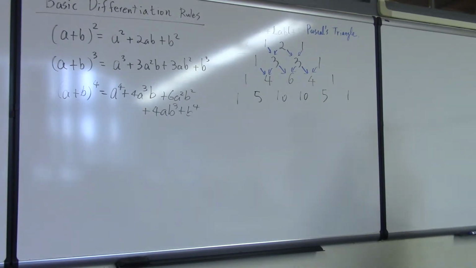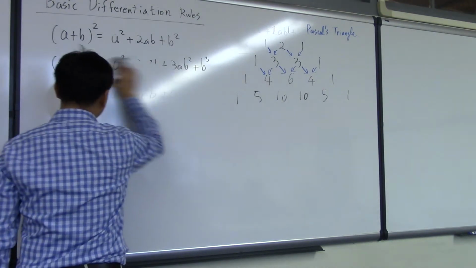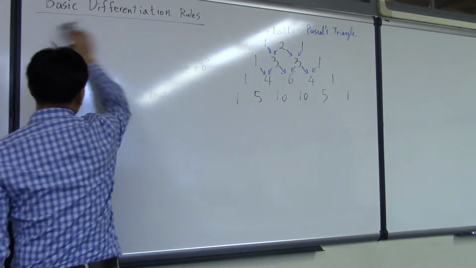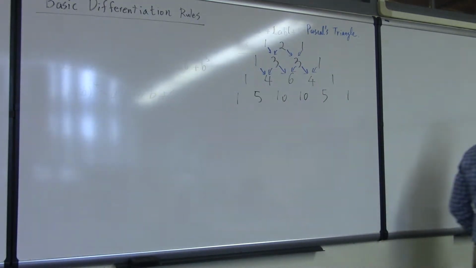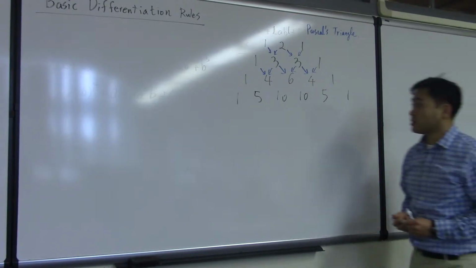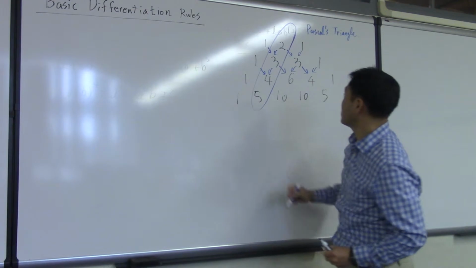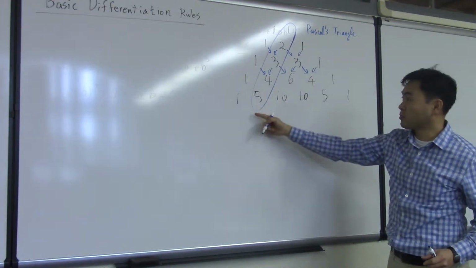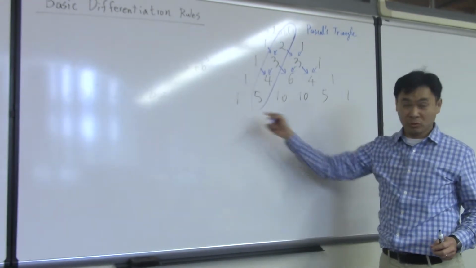Now, why are we doing this? Well, I want to teach you the power rule. And to do the power rule, I want you to recognize that there's this 1, 2, 3, 4, 5 that appears right after the highest order term, right?